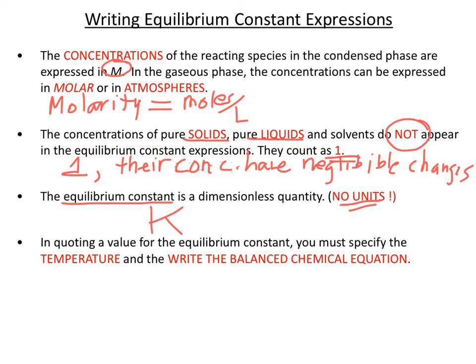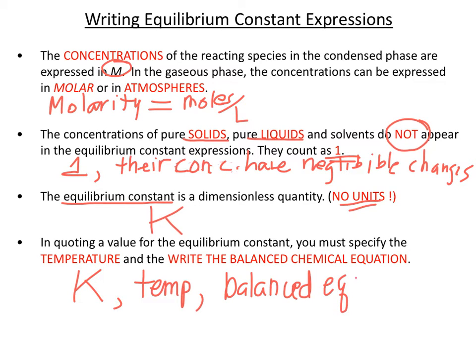However, in quoting a value for the equilibrium constant K, you must always specify a temperature, and you must also have a balanced equation. So those are two very important things in describing an equilibrium value.